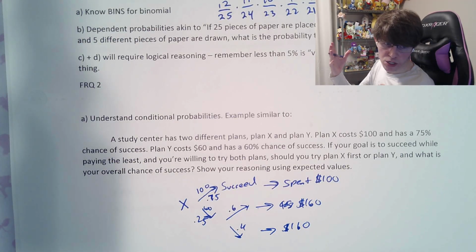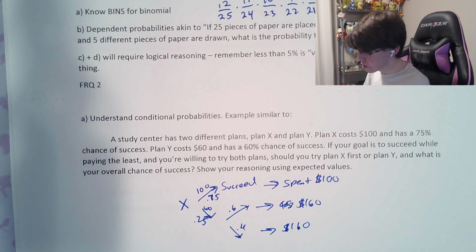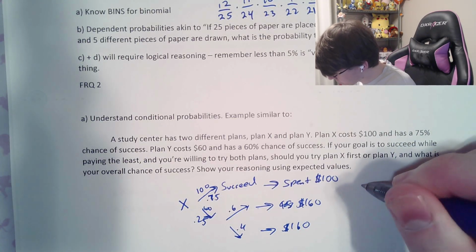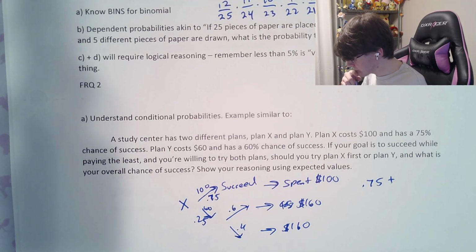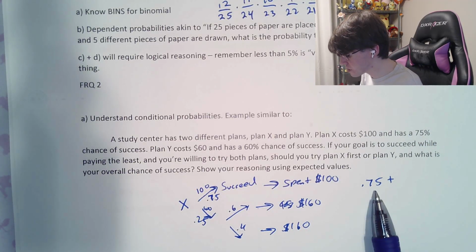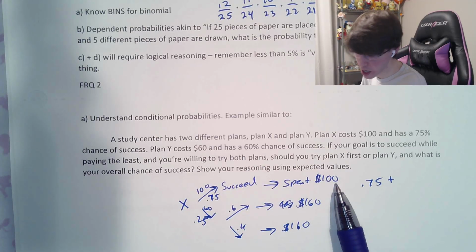So we want to know, what is our overall chance of success? Well, if you succeed right away, that's good enough. If you don't succeed on the very first try, you're going to have to spend more money. So you have a 75% chance of spending $100.